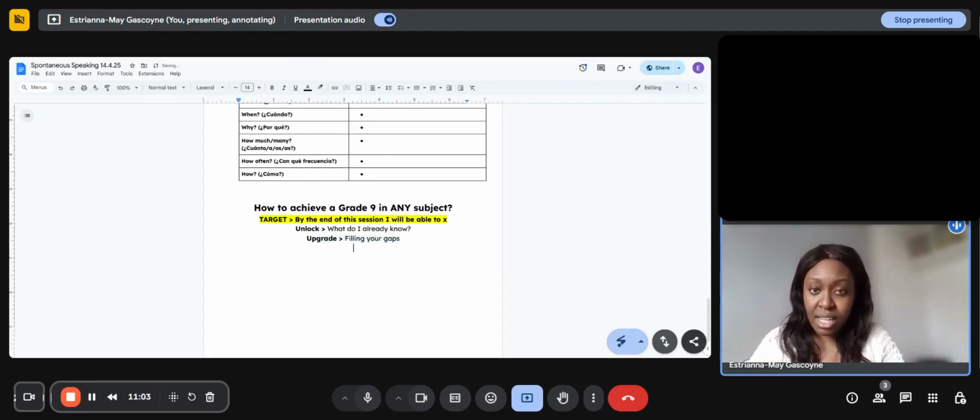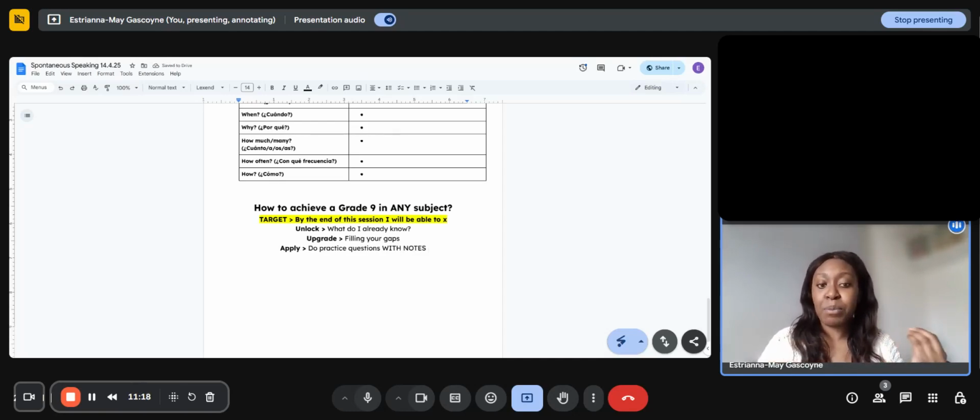Then the next thing that you do is you apply it with your notes. So you do practice questions with your notes. You're looking at your notes while you're doing it, because the goal of this section isn't to memorize these facts. That will happen automatically by you actively using them.